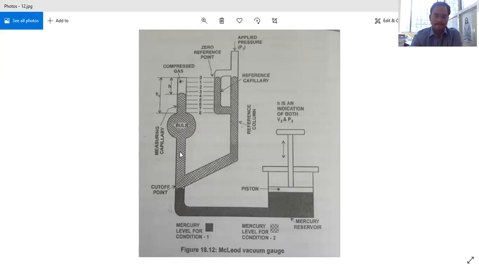As soon as the mercury enters into this bulb, the gas will get compressed. The trapped gas will get compressed into this limb. We should pump in such a way that this height coincides with this marking, and when the gas is compressed, we get the final properties of that gas, such as P2 and V2.